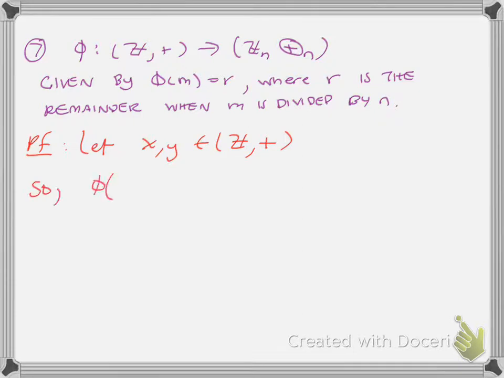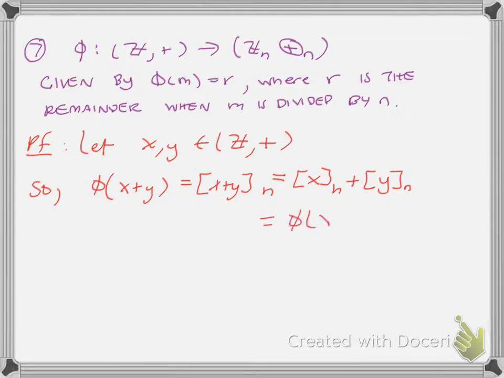So phi of X plus Y equals (X plus Y) mod n, and that is going to be X mod n plus Y mod n, right? Because we're in mod n. And this is the same as phi of X plus phi of Y. And again, I want you to tell me the kernel.